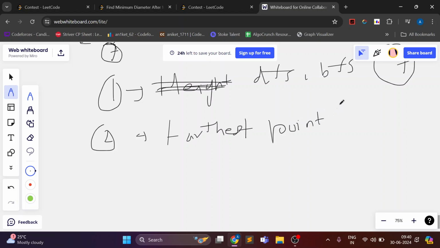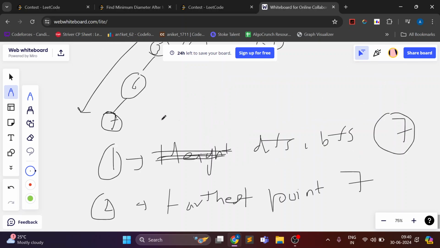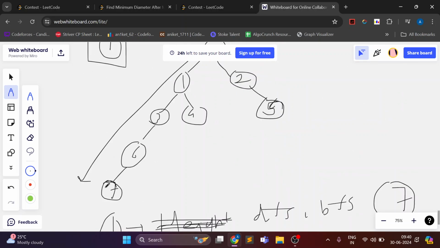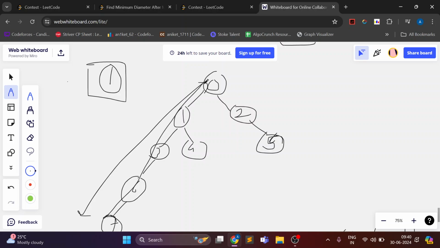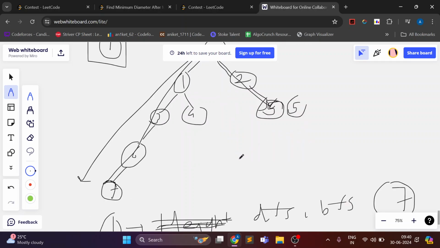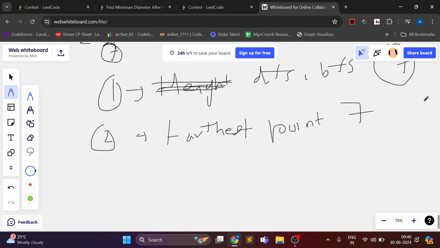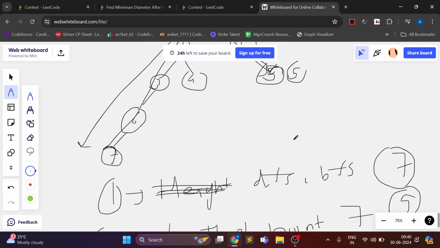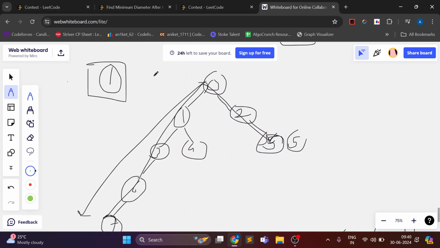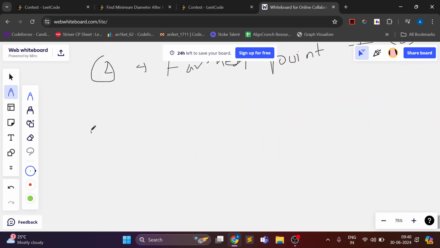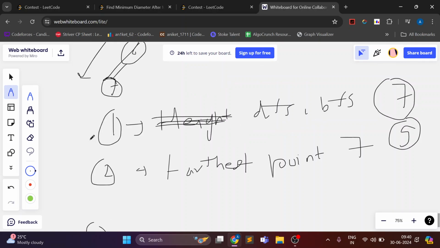From this 7, I will again run DFS and find 5 as the node which has the longest distance from 7. So it would be 7. Now if I join a point on 1, let's say, I will again copy this tree.